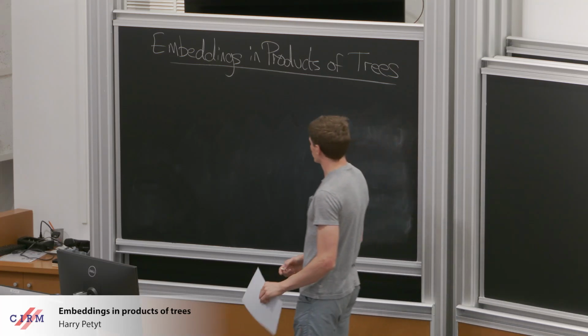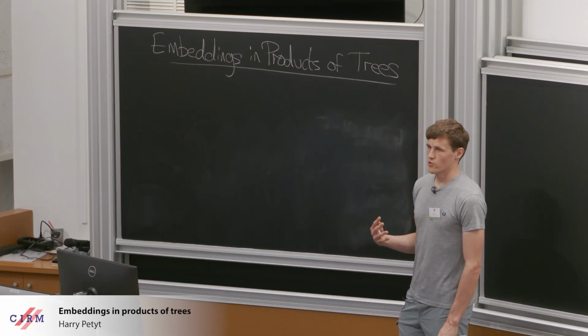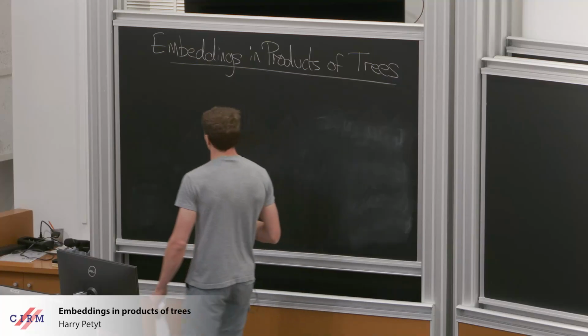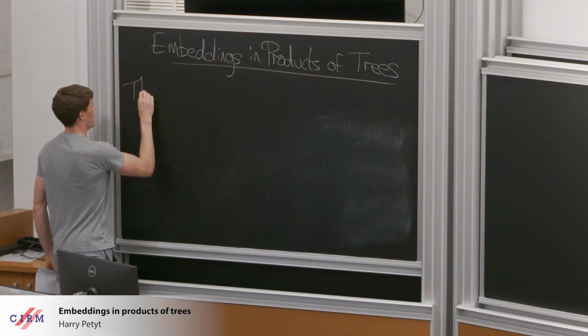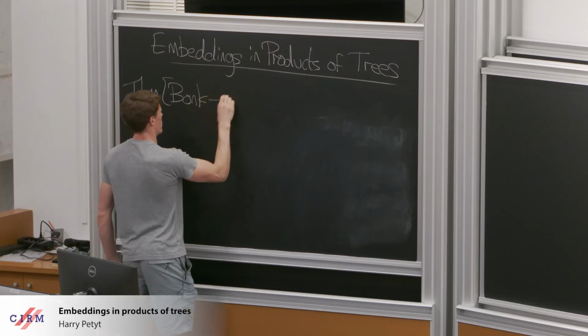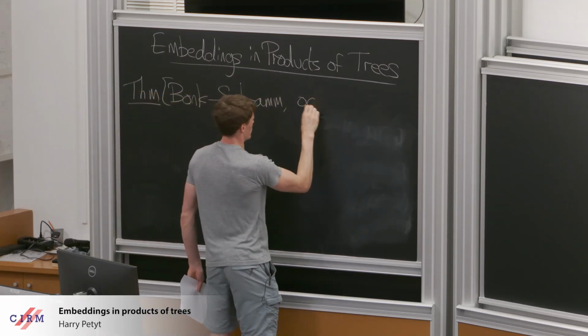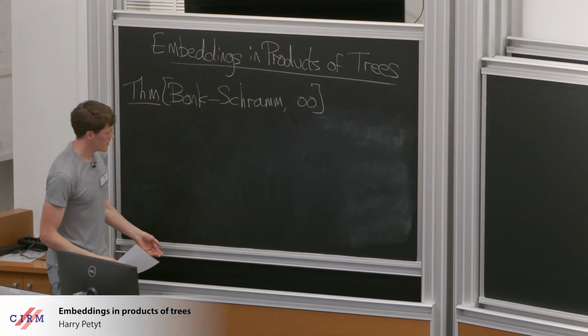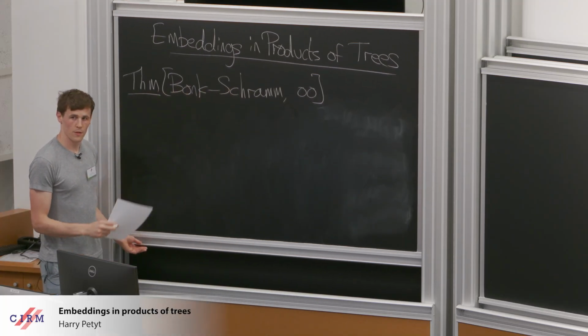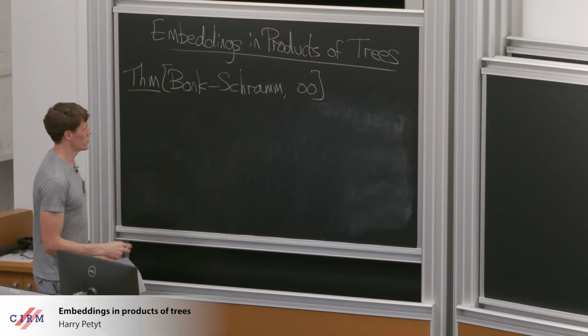But for hyperbolic groups, maybe the best kind of model geometry comes from a famous result of Bonk and Schramm from 2000, and they proved that every hyperbolic group can be quasi-asymmetrically embedded in the standard hyperbolic n space for some n.